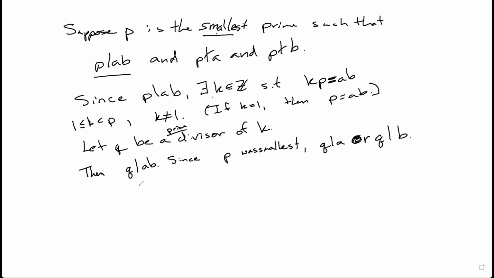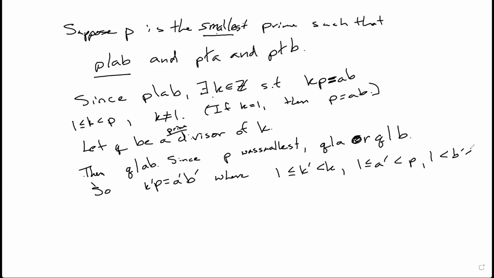And so I can then from here obtain K prime P equals A prime B prime, where 1 is less than or equal to K prime, less than or equal to K, 1 is less than or equal to A prime, which is less than P, and 1 is less than or equal to B prime, which is less than P. So because of this, I can break this down even further to make them all smaller, but this contradicts the primality, and we can keep repeating this process, by the way.